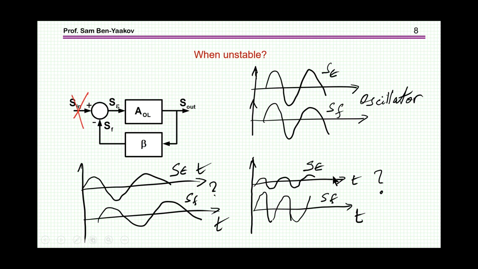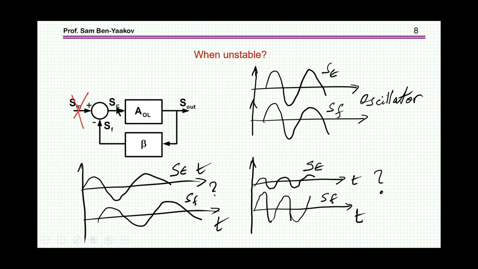Now let me turn to the issue of instability. When is a system unstable? This is one of the problems we have to worry about. Why would a system be unstable? Let's assume that I have no input signal, and let's assume that somehow I'm starting with a signal that looks like this at this point.